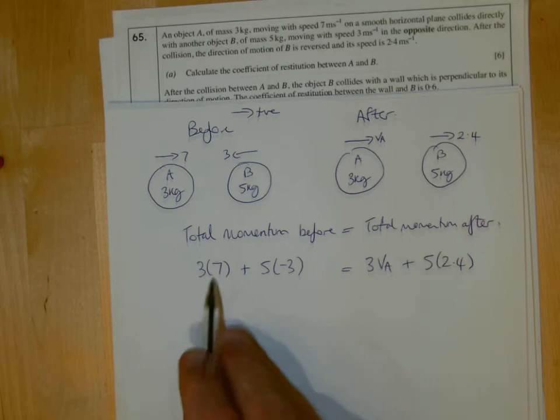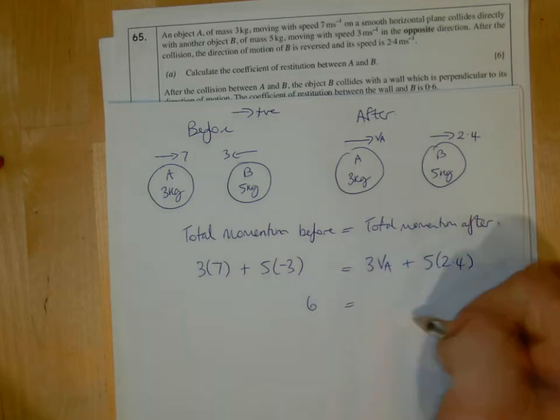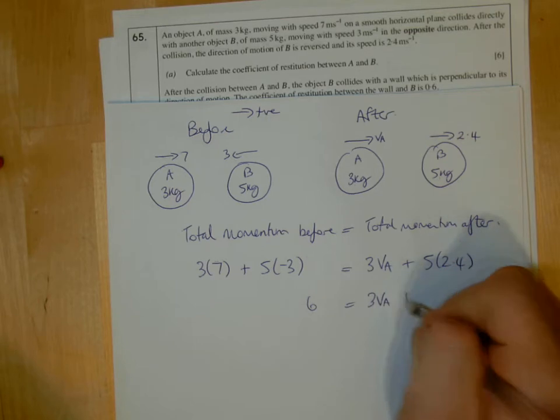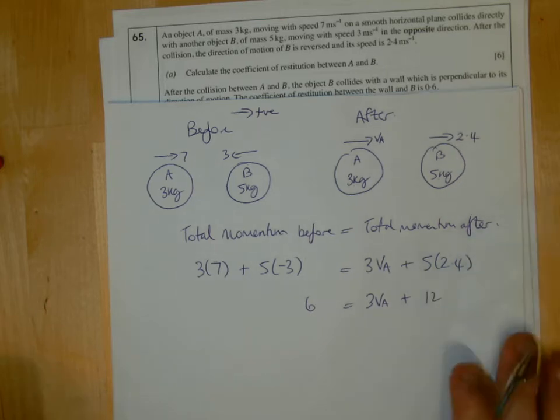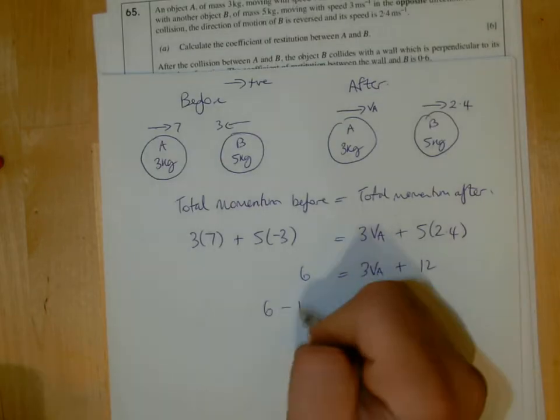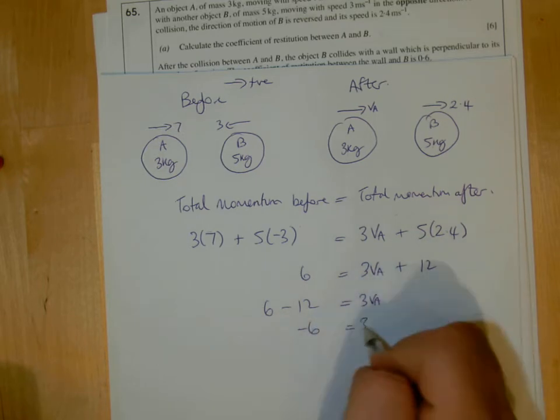So work this out on your calculator. 21 there, that's minus 15, so that's going to be 6. 3 VA plus 5 times 2.4, so you get 12. So then take the 12 over, so you get minus 6 equals 3 VA.